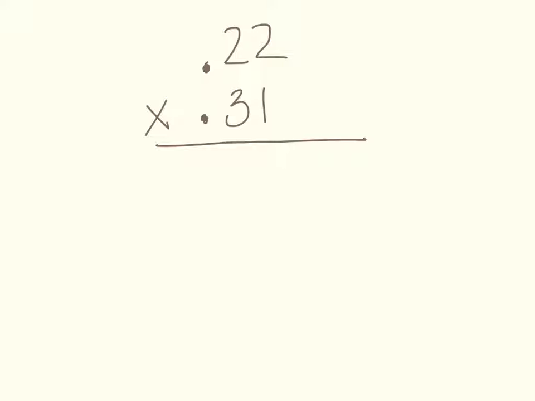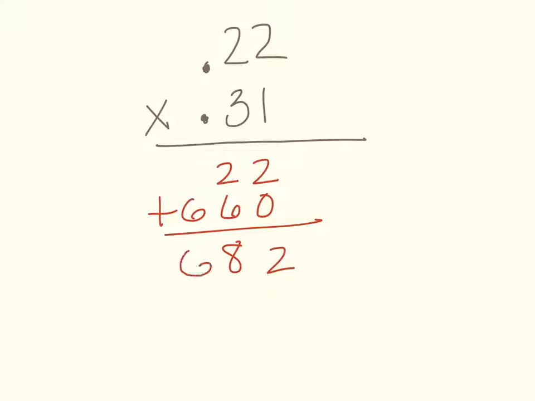Now, it's an easy problem. I think I gave you plenty of time. So you would have 1 times 2 is 2, 1 times 2 is 2, going to the next place value, 3 times 2 is 6, 3 times 2 is 6. Adding them up is 286. Now I count my place value, 1, 2, 3, 4 decimal places. Down here, 1, 2, 3.